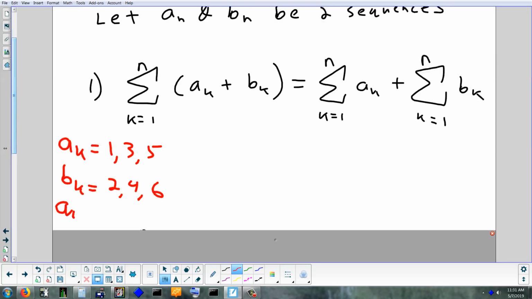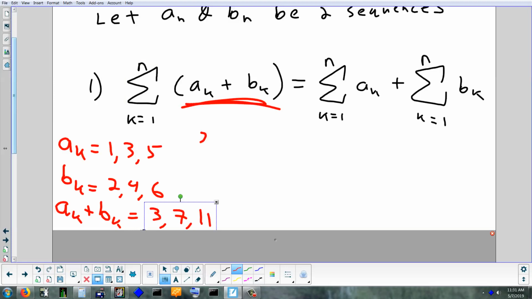So, A sub k plus B sub k. What's the first term in the sequence A sub k plus B sub k? 3. Next term? 7. And the last term? 11. So now we have the sequence 3, 7, 11. That's this. Now, this says to add up those numbers. So what do you get if you do 3 plus 7 plus 11?